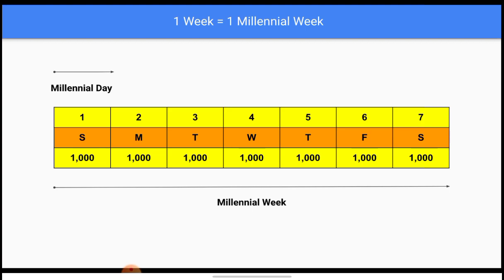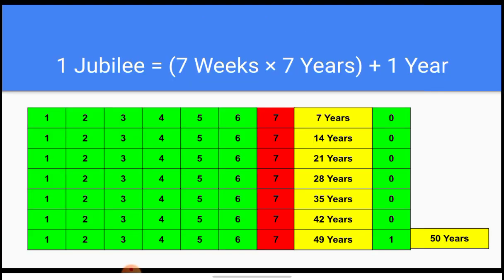Okay, so the 7 days of the week are types or signs of the millennial week. Okay, of a 7,000 year millennial week. Now, how to calculate that? And what relation does this have with the Jubilee?